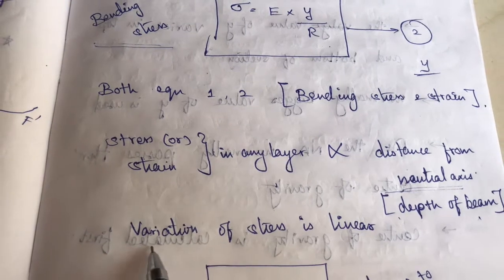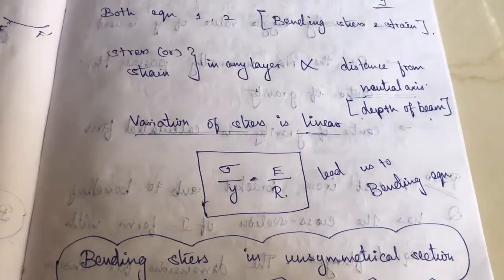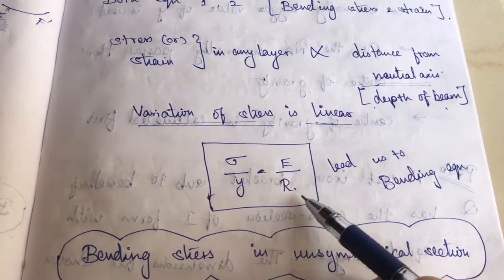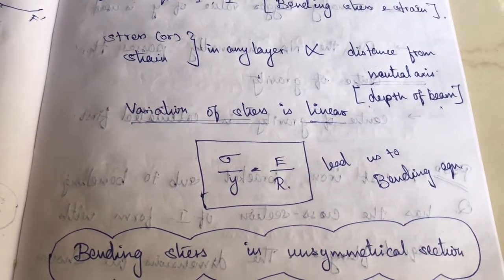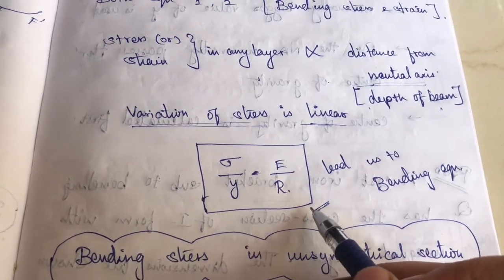Here the variation of stress is always linear. You can see here sigma by y is equal to E by R, which leads us to the bending equation. So this is half of the bending equation.